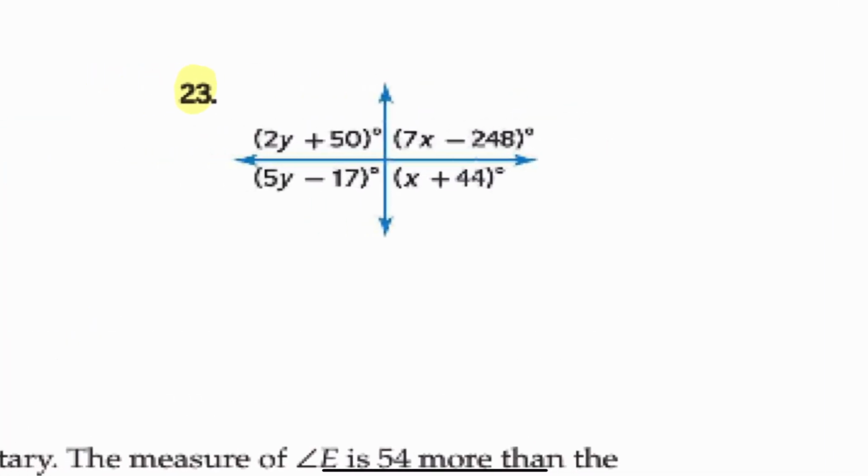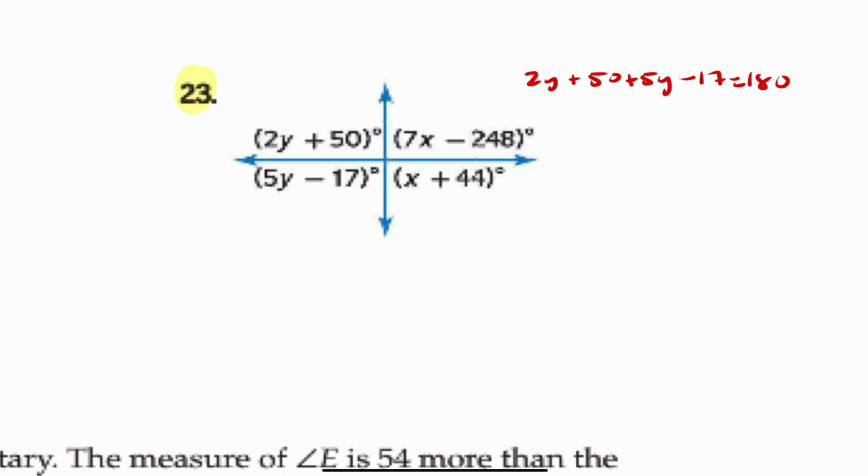So you will do 2y plus 50 plus 5y minus 17, because this here equals 180 degrees, and this is horrible handwriting, so I apologize. Let's fix that. 2y plus 50 plus 5y minus 17 equals 180. And then what is y equal to?